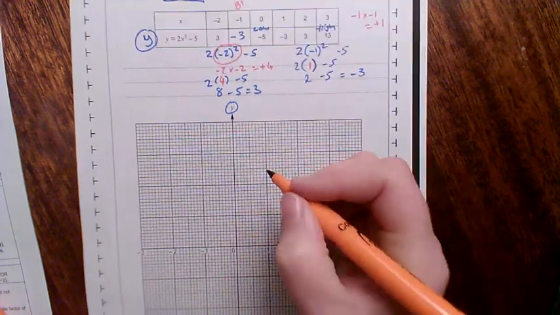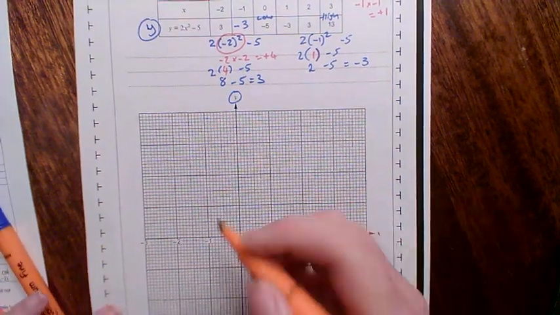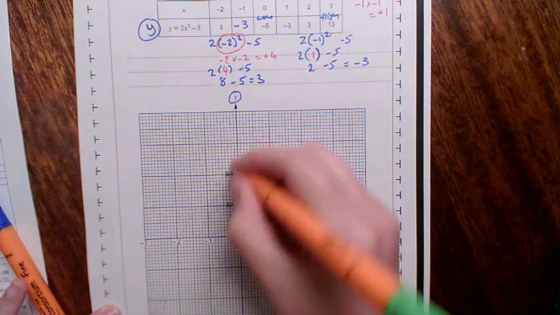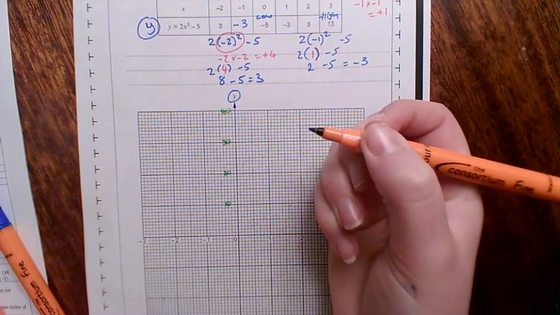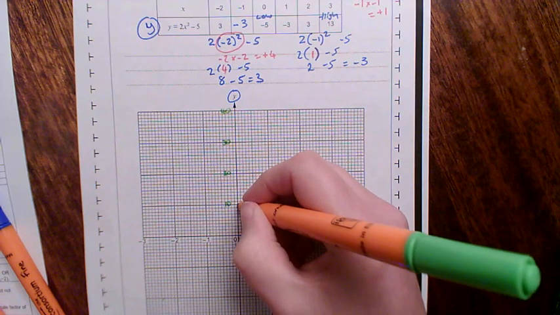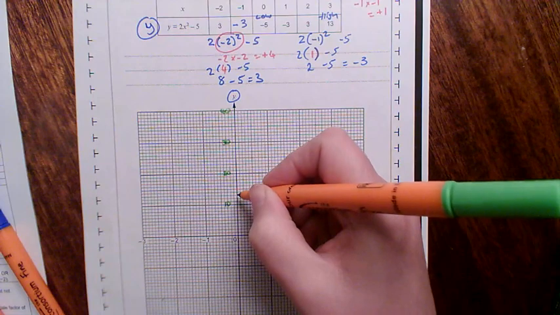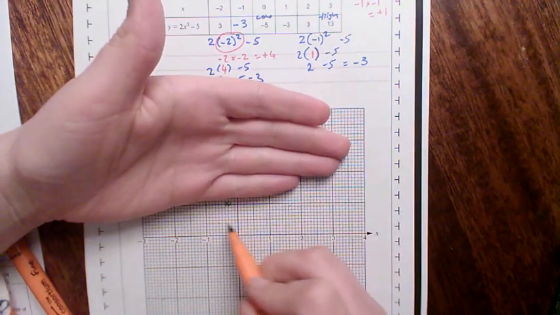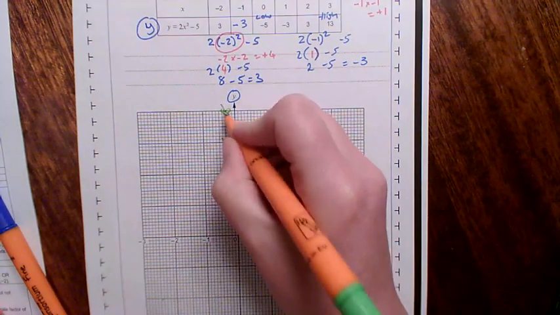Now, the easiest and most tempting scale is 10, 20, 30, 40. But think about this. My graph only goes up to 13. If I was to do that, the highest point of my graph is only going to be here, and I'd have a really squashed up graph. So that is not an appropriate scale.